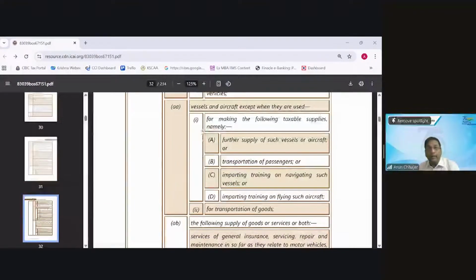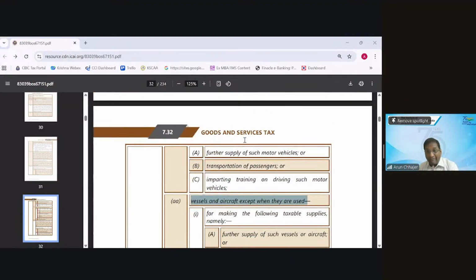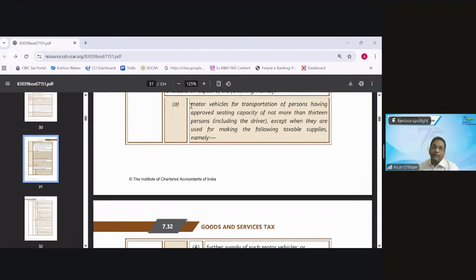Okay, now they are saying the vessel and aircraft when they are used. Please note, for vessel and aircraft, they do not have this type of condition or exception.